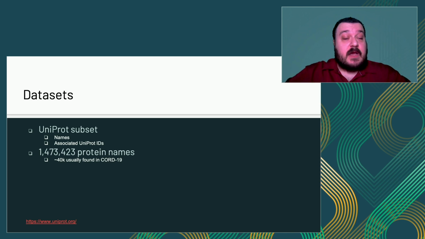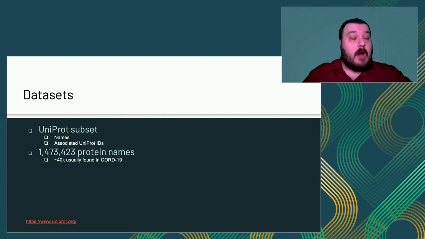It has about 40,000 or so that regularly occur within COVID-19. So most of the 1.4 million we never actually find, and many of them also don't really have commonly used aliases. It's essentially just some sort of a very laborious technical name.